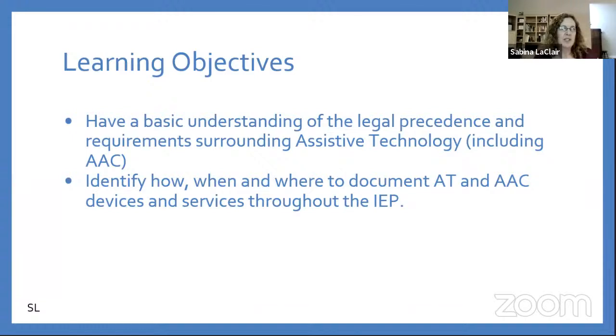So our learning objectives for this presentation are, we want you to have a basic understanding of the legal precedents and requirements surrounding assistive technology and how to include AAC and AT. We also want you to be able to identify how, when, and where to document AT and AAC devices and services throughout the IEP.